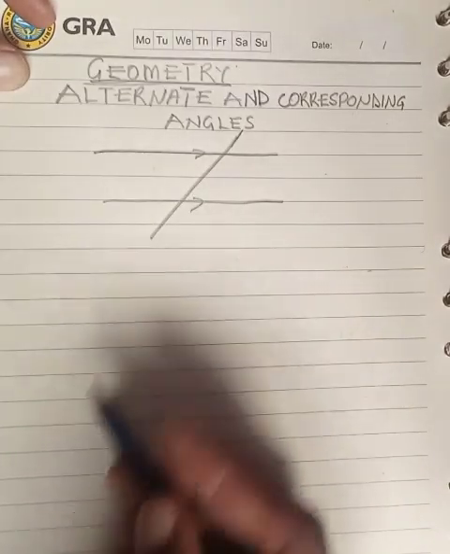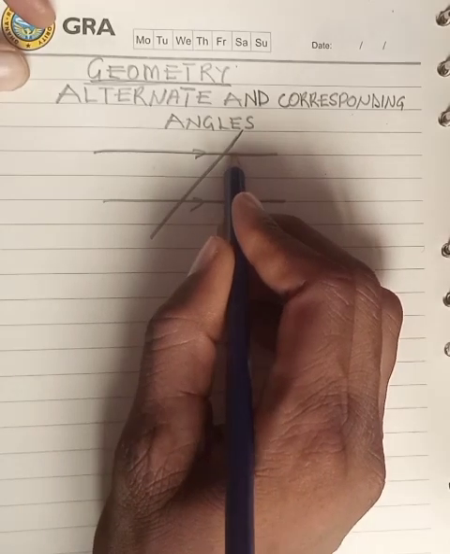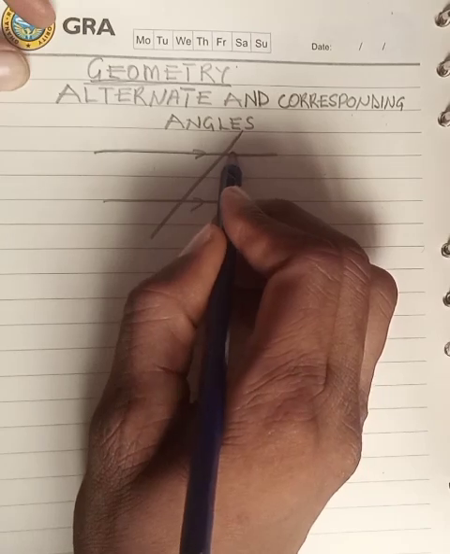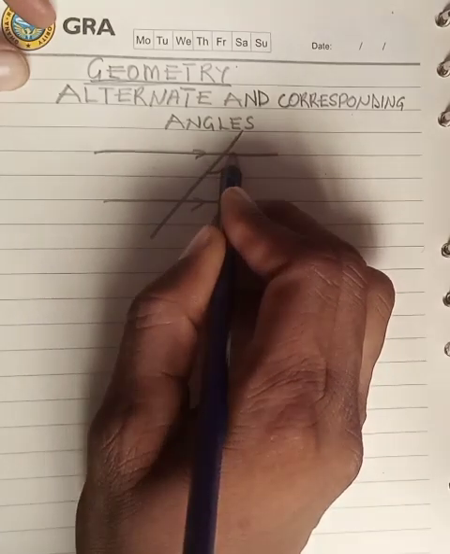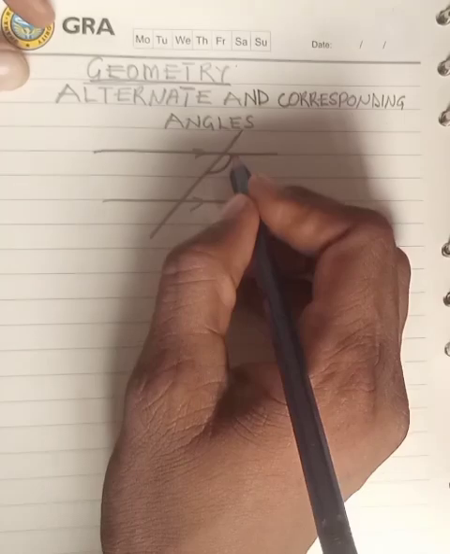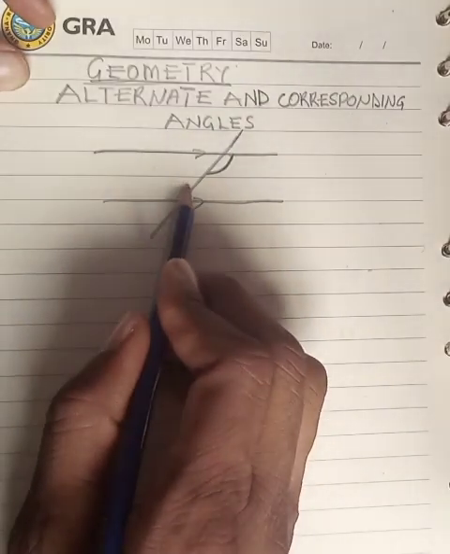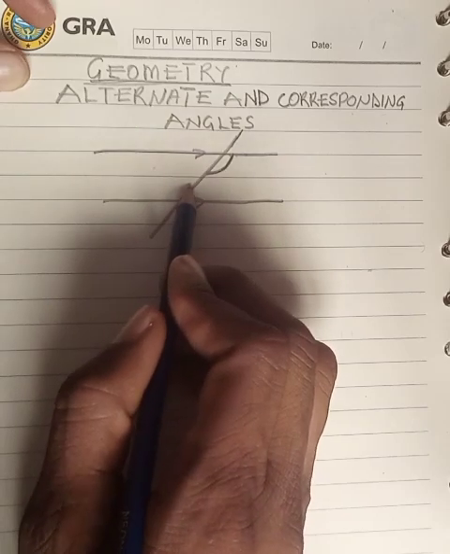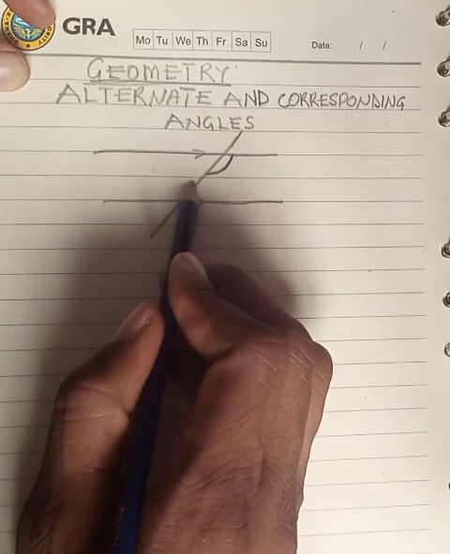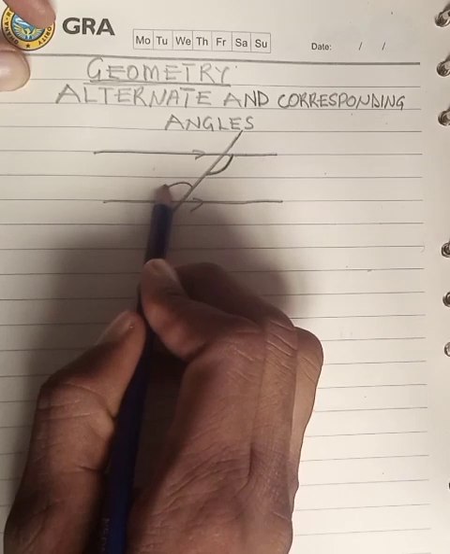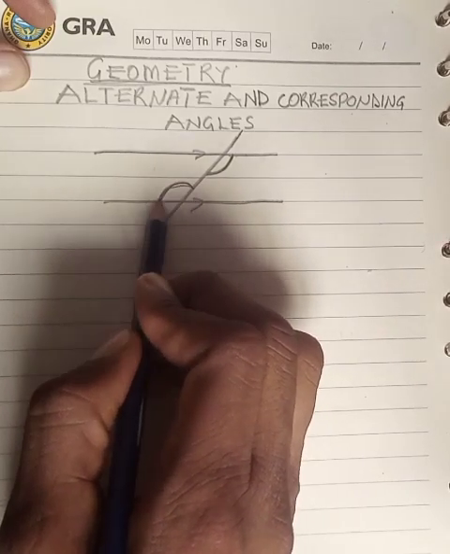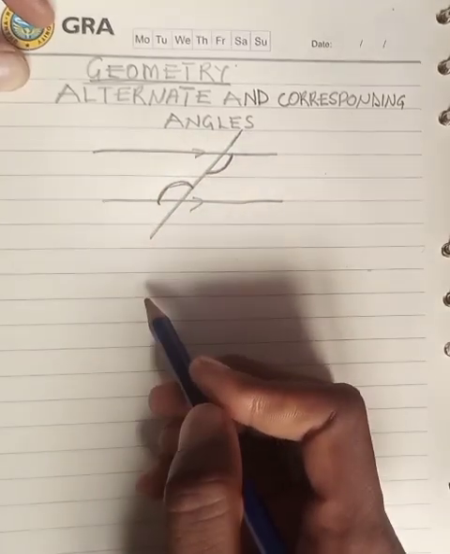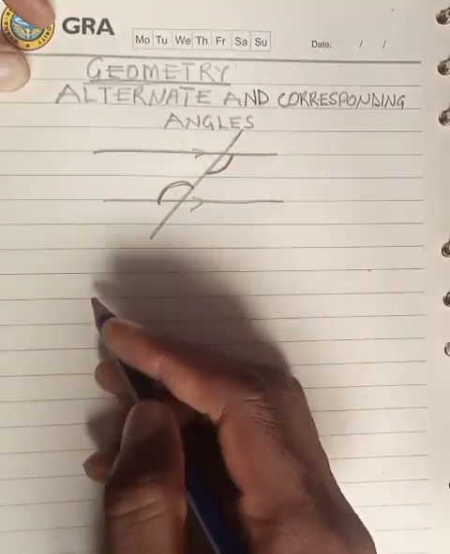When an angle is formed in between these two parallel lines and along a transversal, like this angle, and another angle is also formed between the two parallel lines at the opposite side of the transversal, like this angle, we say this angle and this angle are alternating, and alternate angles are equal.